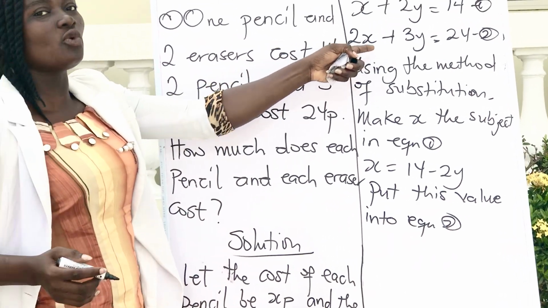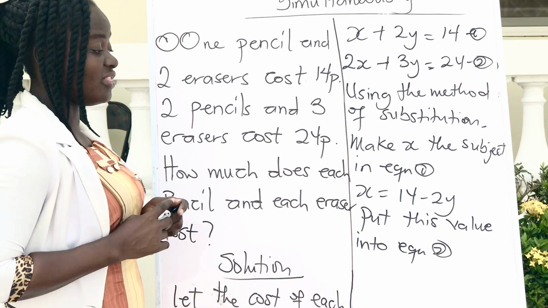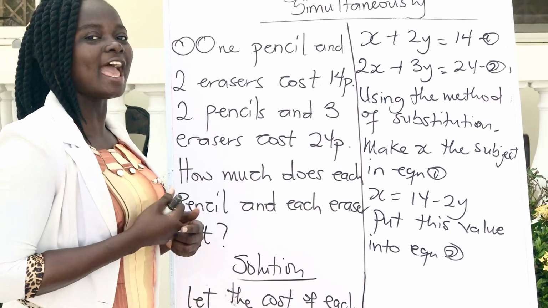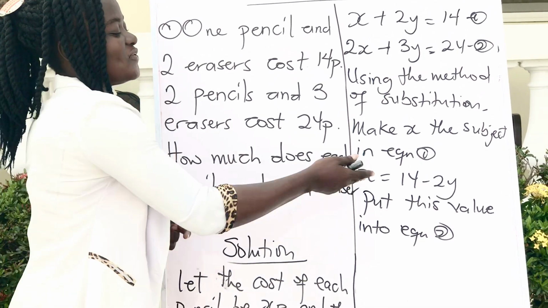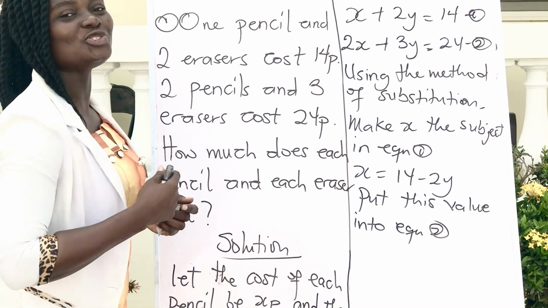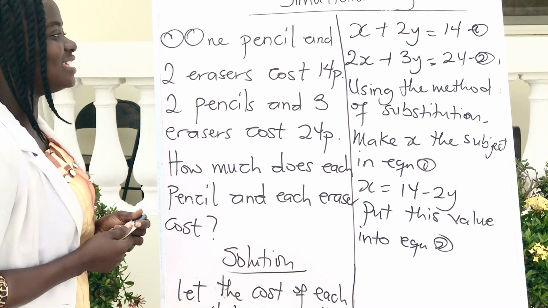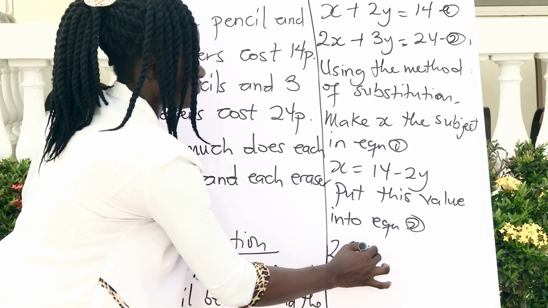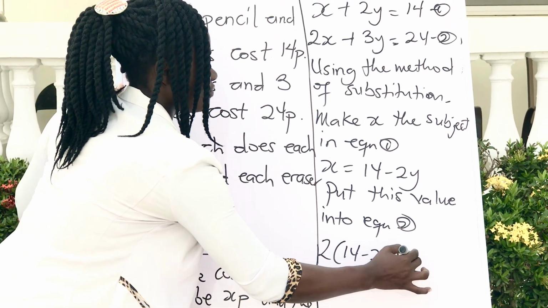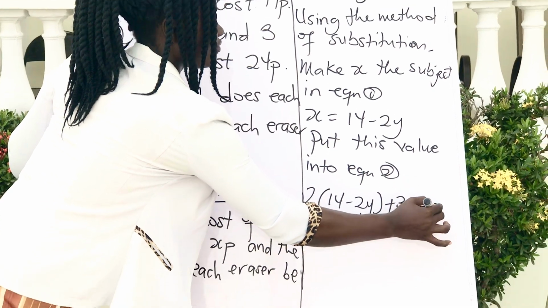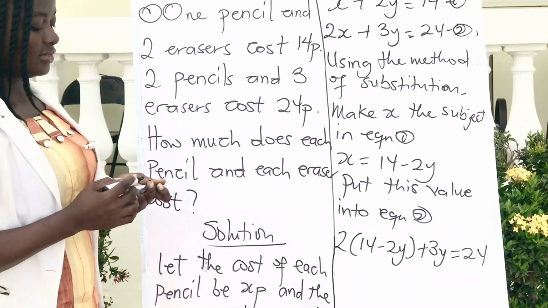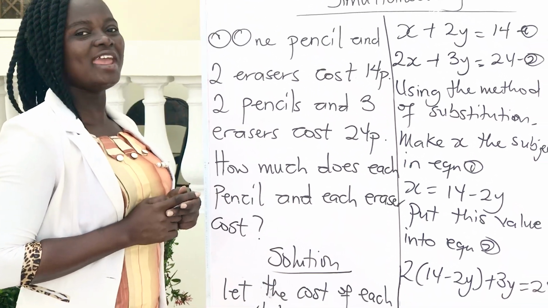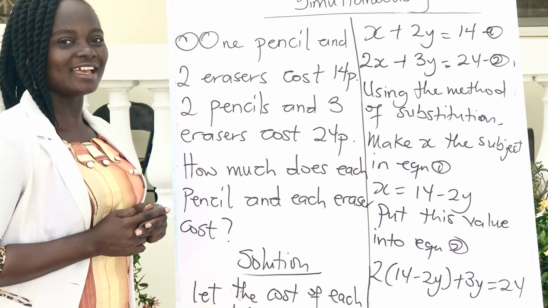And that is our equation 2. So in this case, wherever you see X, you put 14 minus 2Y. So let's do it together. Then we expand our brackets.